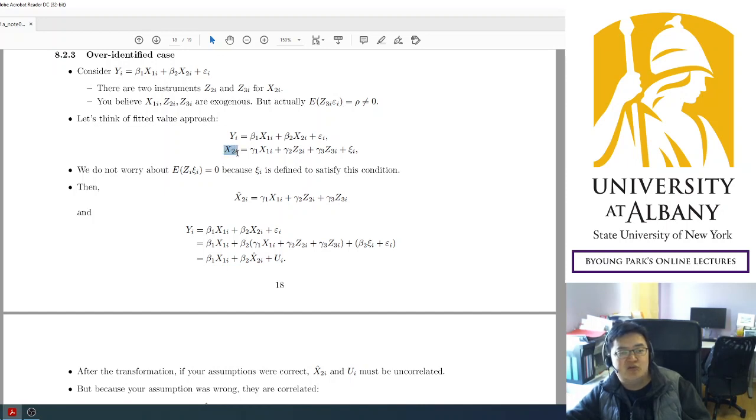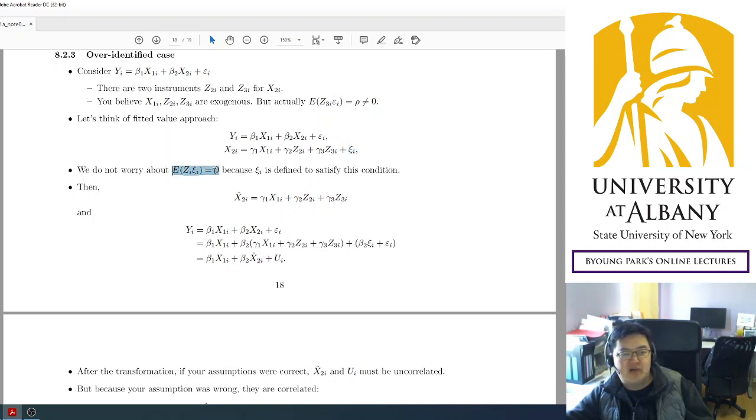So x2, the endogenous variable, can be written as gamma 1 x1 plus gamma 2 z2 plus gamma 3 z3 plus xi. So all the exogenous variables are included, but actually there is a spy. Z3 is not an exogenous variable. By the way, xi does not matter.